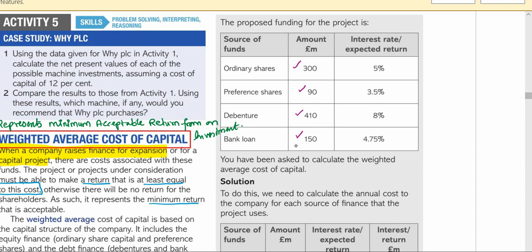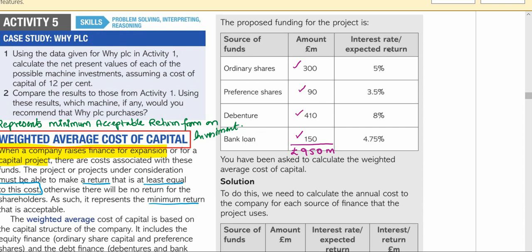When you total it, the total will be 950 million pounds. The debenture is a loan certificate.